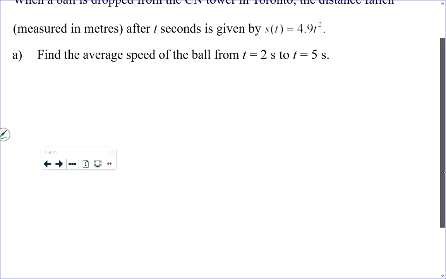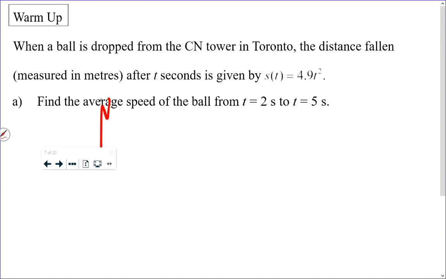So we define average speed here. We define average speed as being a change in position over a change in time. And we are not picky in math at all about using vector symbols. If you don't know what I'm talking about, then you don't need to worry about it.